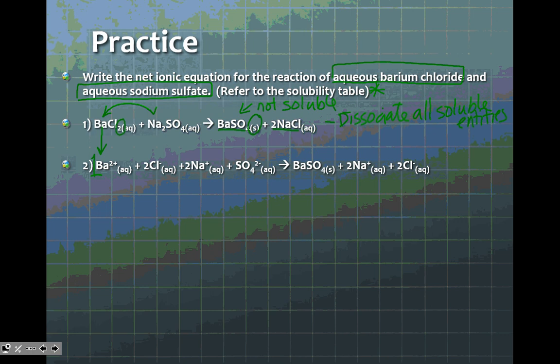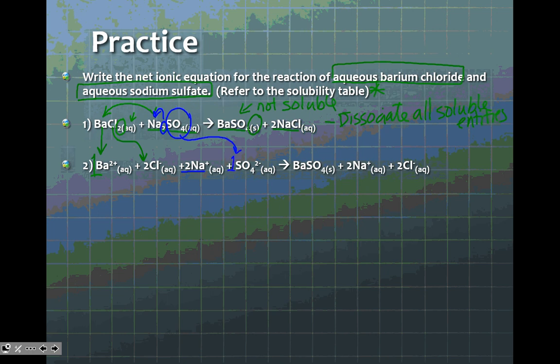Notice there's a subscript here, and it's aqueous, so I'm dissociating both of them. There are two chloride ions that are aqueous. Going back to here, it's also aqueous. This time there's two sodium ions, so 2 Na+, and there's only one SO4 polyatomic ion, so only one SO4 2-.